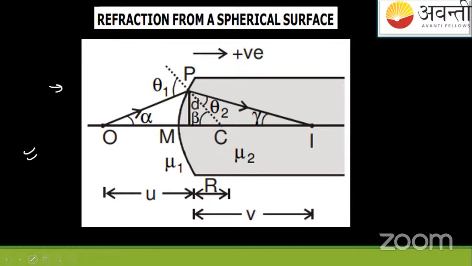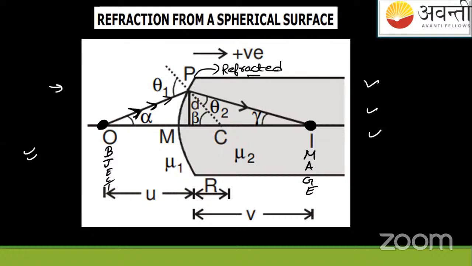See, if you are given a refracting surface like this, and suppose the object is here and the image is here. If the rays go from the object like this, after getting refracted from this refracting surface, the rays go like this and the image is formed here.